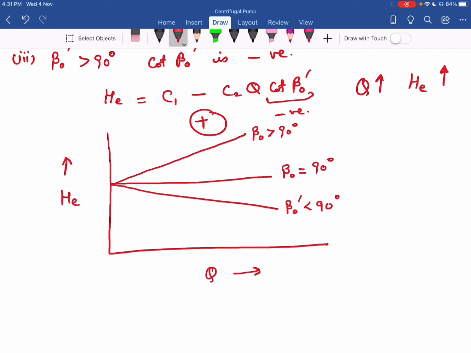So this is my variation. So now you can also say the head generated, that is He, is more in case of forward curved vanes.